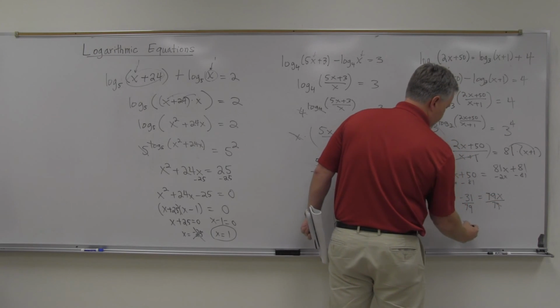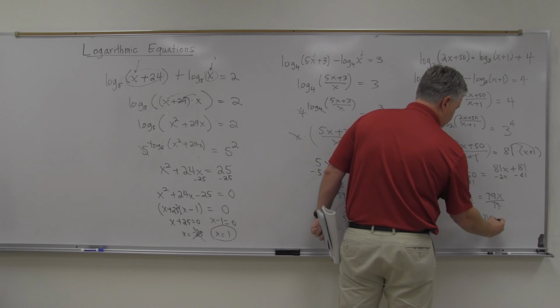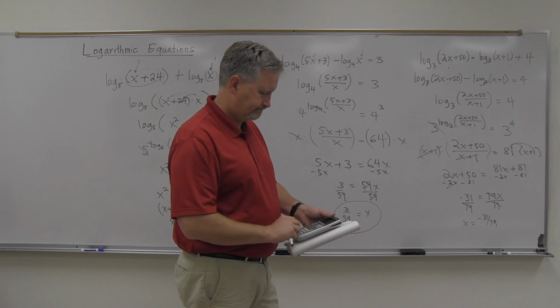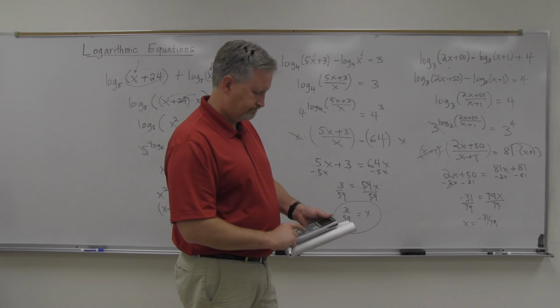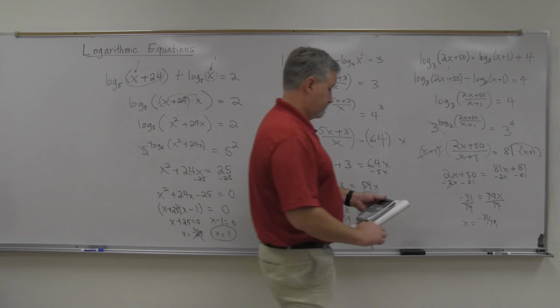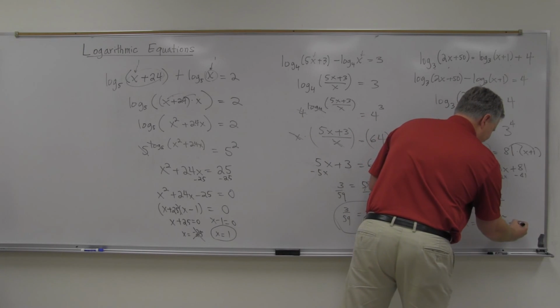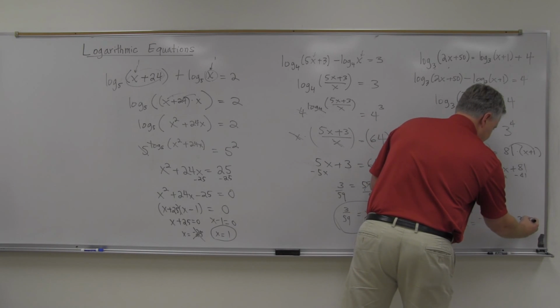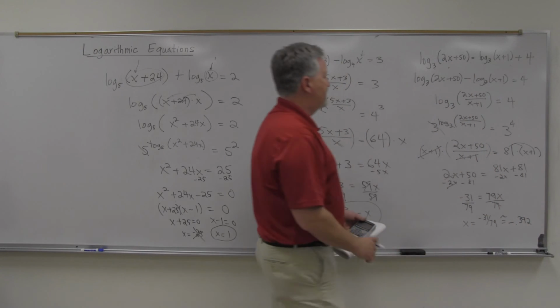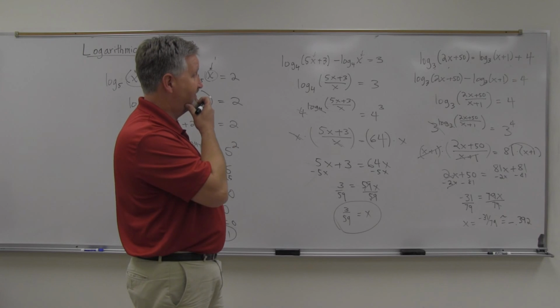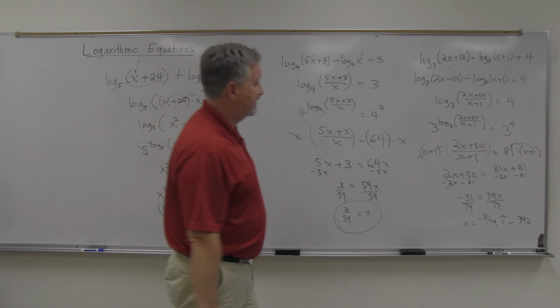So x is negative 31 over 79, which is approximately negative 0.392, to 3 decimal places. It's a negative, and sometimes that's an alert to just make sure it checks out.